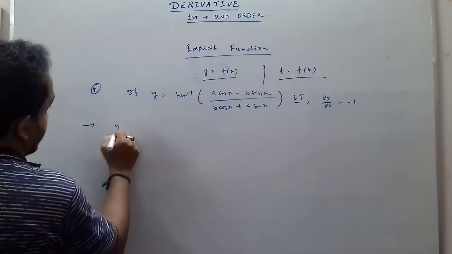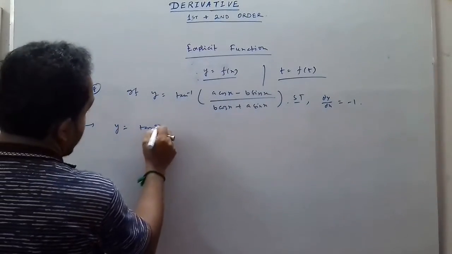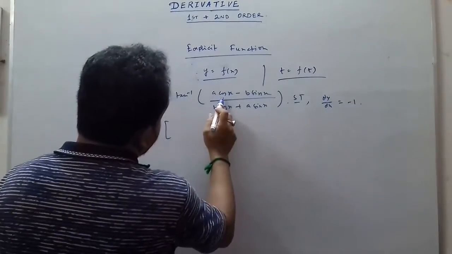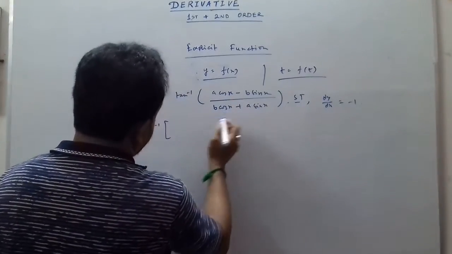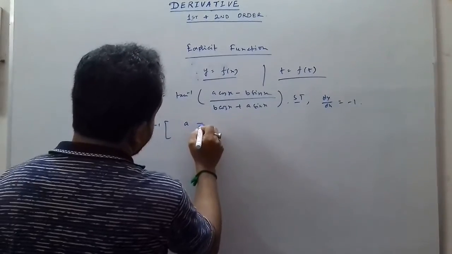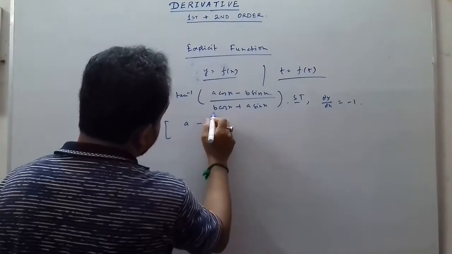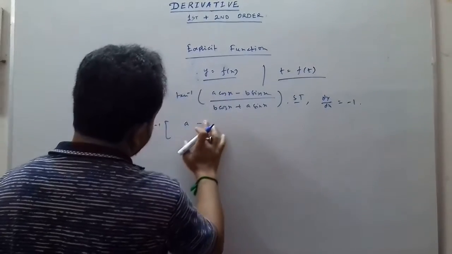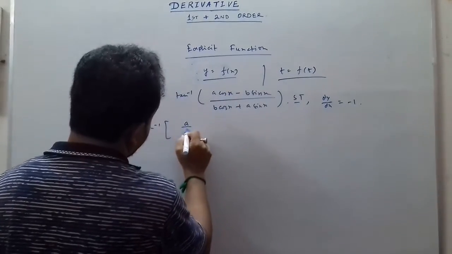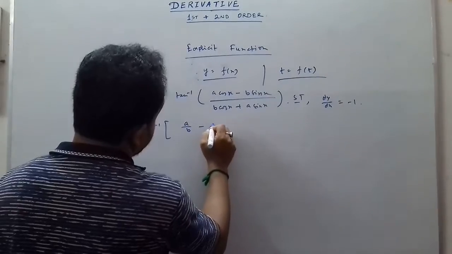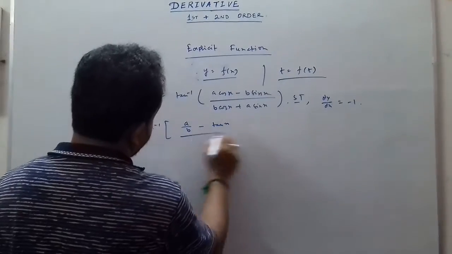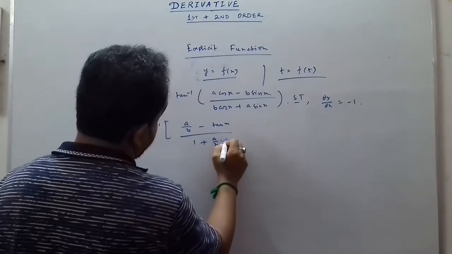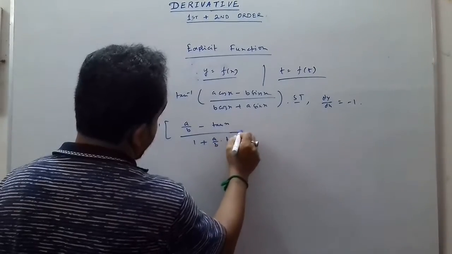Now we start, y is equal to tan inverse of this. Dividing both numerator and denominator by b cos x, we get a by b minus tan x divided by 1 plus a by b into tan x.